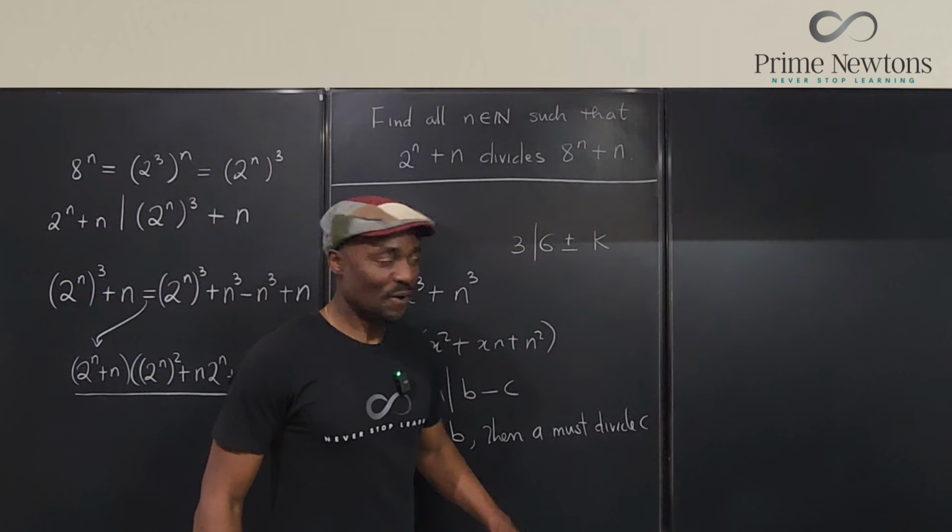I might just factor out n minus n times n squared minus 1.